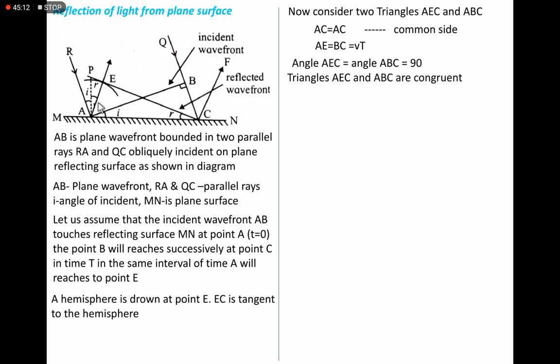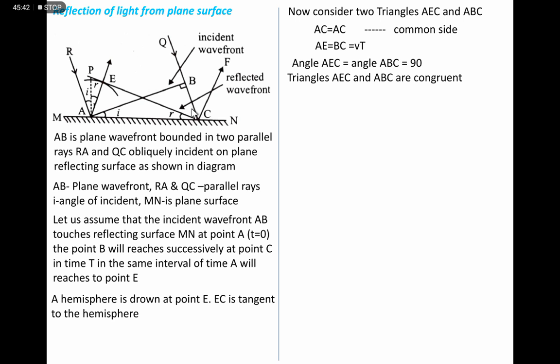So the remaining angle, this whole angle, that is EAC, is 90 minus R, and this angle is 90 minus I. Normal, this is 90. If this angle is I, the remaining is 90 minus I.